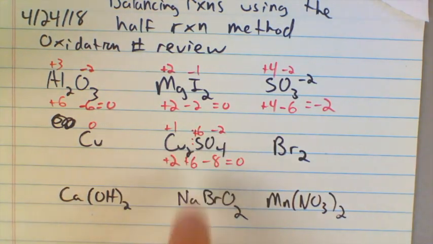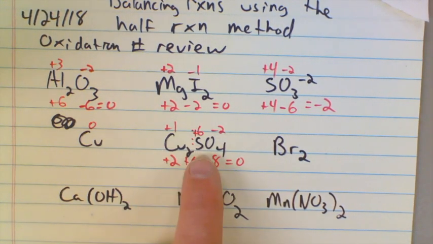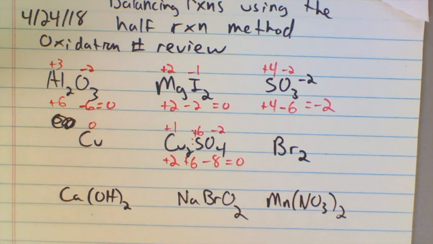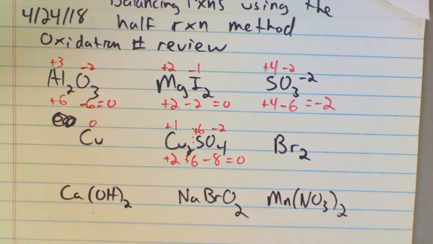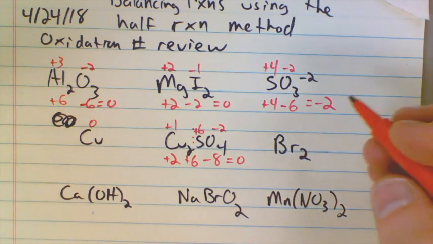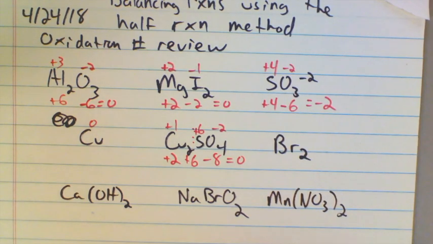So these are the tough ones, the ones with transition metals. You have to use the charge of the polyatomic ion to figure it out, and it's going to be just that charge. Does that make sense? Kind of make sense? We'll see another one, so we'll watch it again. Okay, how about Br2? What are we going to have here? 0. It's an element.